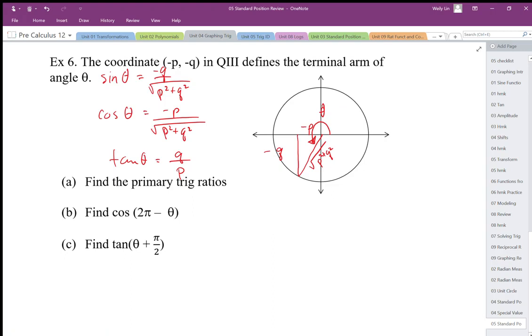And I have to figure out where it is going to be if I start at 2 pi and go backwards the same amount. So I went through one quadrant, 2 quadrants, and that amount through the 3rd quadrant. So if I go backwards from 2 pi the same amount, I'm going to go through the first 2 quadrants and end up here.